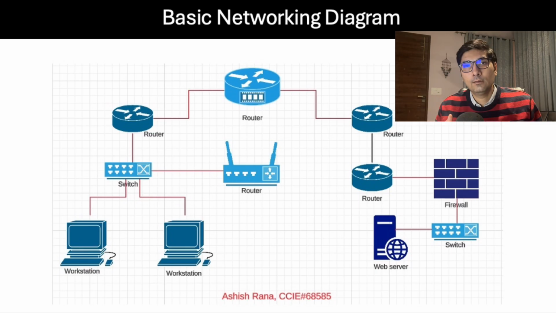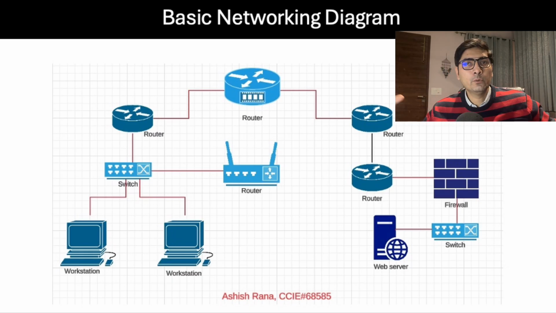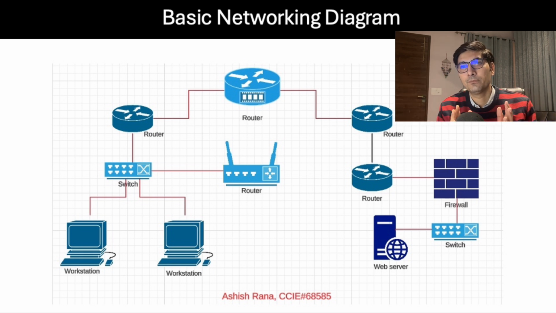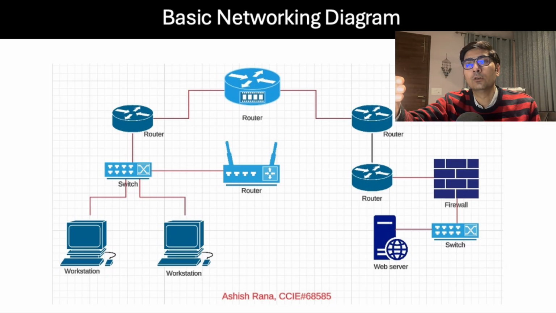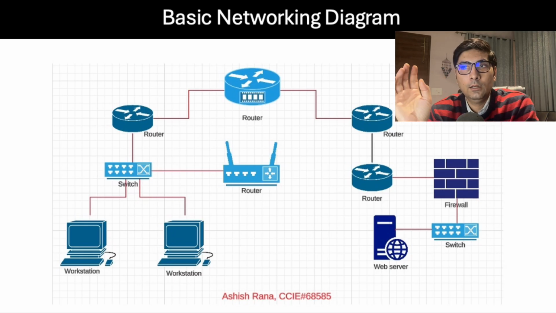Means it will divert you to another router, and that router will further use its routing table to find out the best path. Because between two locations there can be hundreds of routers, right? So one router will not be able to know the exact best path. It just knows about the next best router. Okay, this is router.